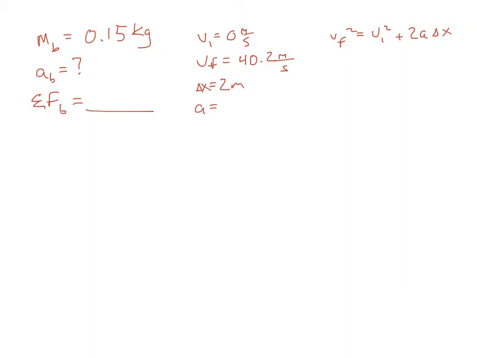All right, well, let's solve for acceleration. So our initial velocity is going to come over, so it's going to be final velocity squared minus initial velocity squared. And then we're going to divide down the 2 and the displacement.